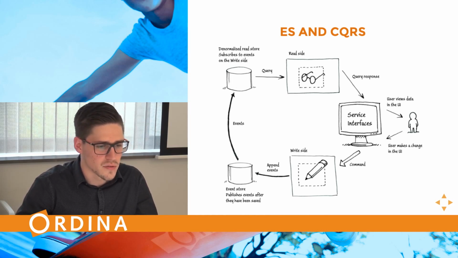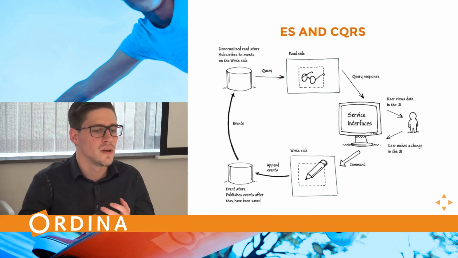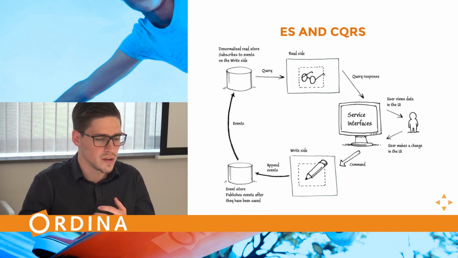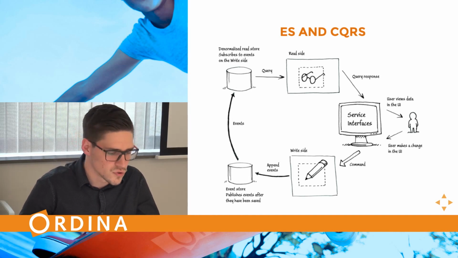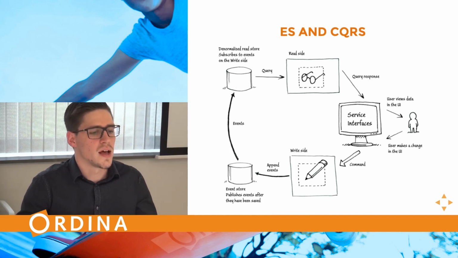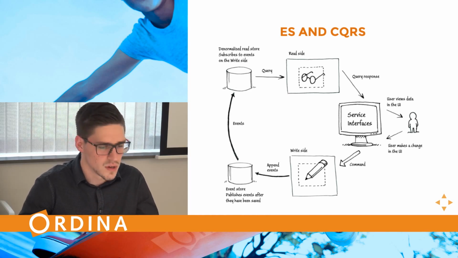And then we have event sourcing. With event sourcing, basically every change that you make or every record that you create will be converted into an event, and this event will be stored in an event store. Then you will have multiple handlers registered to handle all these events.